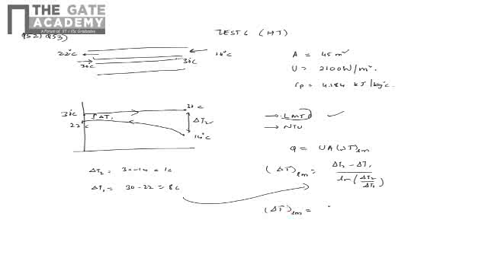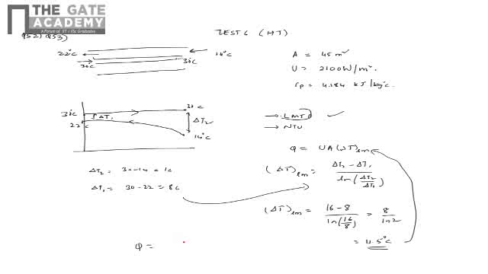This value comes out to be (16 − 8) / ln(16/8), so it's 8 / ln 2, and this value comes out to be 11.5 degrees Celsius. Now I need to substitute in the formula; the rest is given.